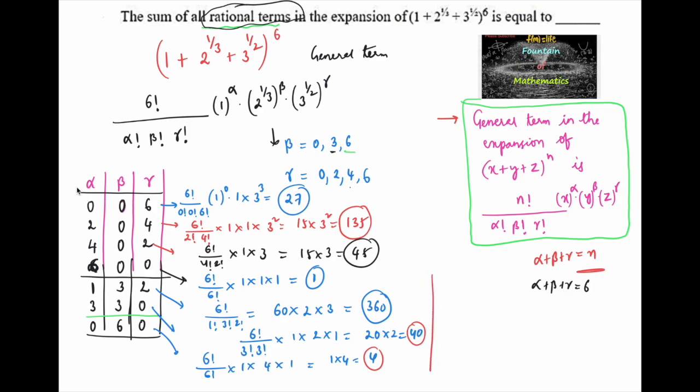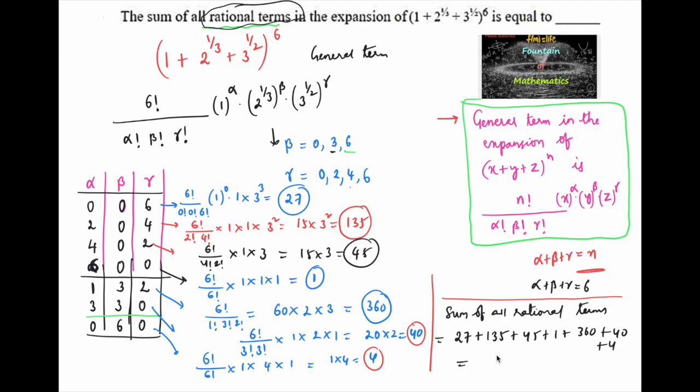Now the sum of all the rational terms in the expansion is 27 + 135 + 45 + 1 + 360 + 40 + 4, which is equal to 612. So 612 is the answer. It's a numerical, so we can write the answer 612.